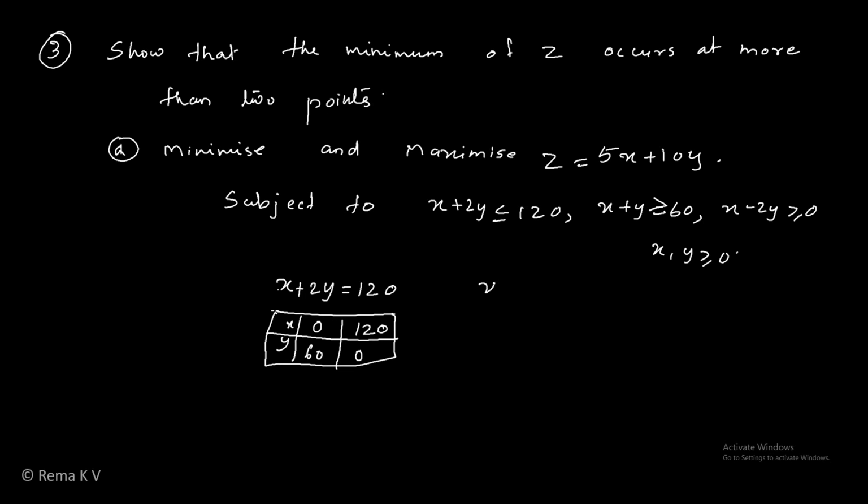Then the second one is x plus y is equal to 60. For this, x 0, y 60, y 0, x 60.